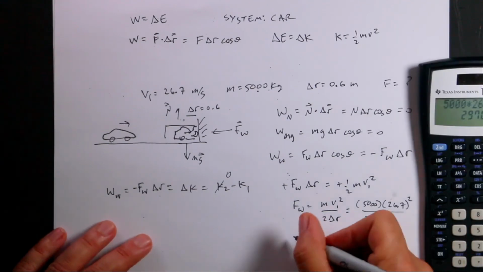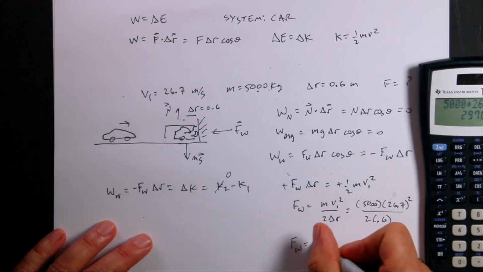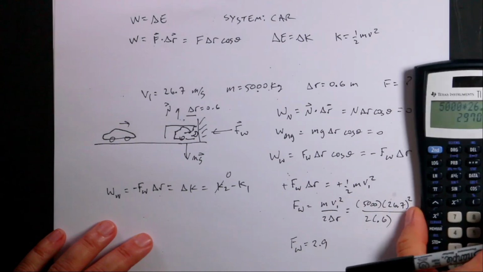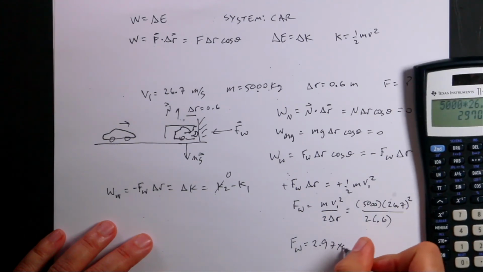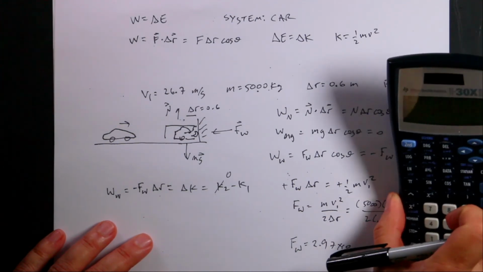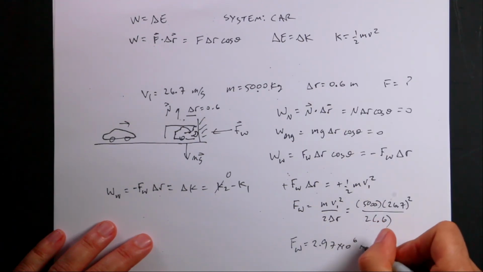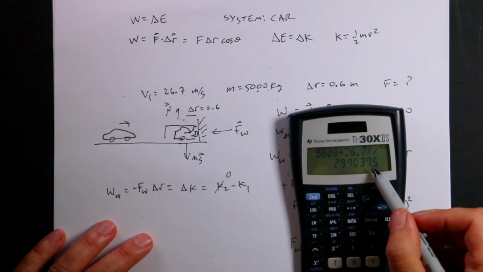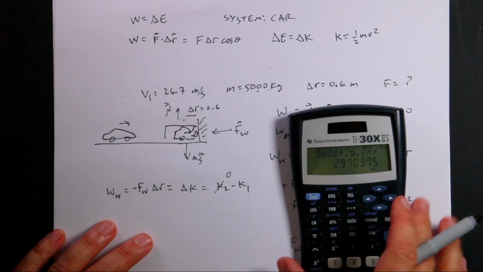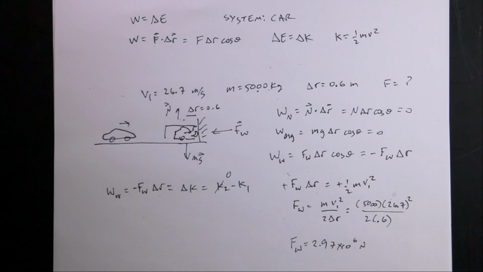Let's write that in scientific notation. F wall equals 2.97 times 10 to the 6th. Did I count that right? 1, 2, 3, 4, 5, yep, 6. So 2.97 times 10 to the 6 newtons. A huge force. And you can see that the problem is this speed. If I double the speed, my force is going to increase by 4 times because I'm squaring that speed.